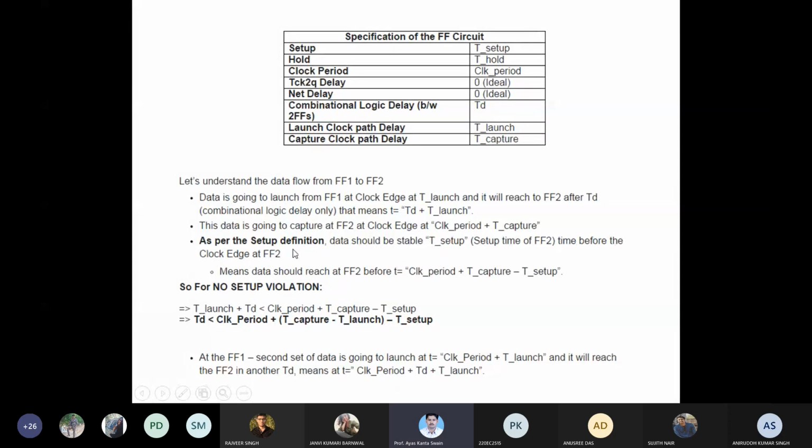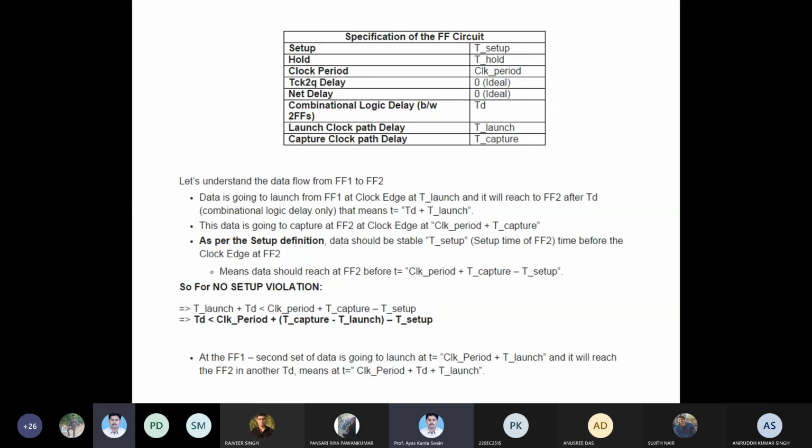As per the setup requirement, your data should be stable for T setup before the clock edge of FF2. That means data should reach FF2 within a time equal to clock period plus T capture minus T setup. Because the clock period was there, T capture is added, and T setup has to be subtracted. At that time the data must arrive.